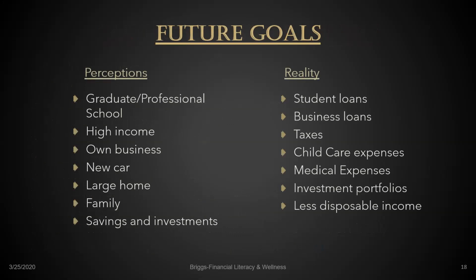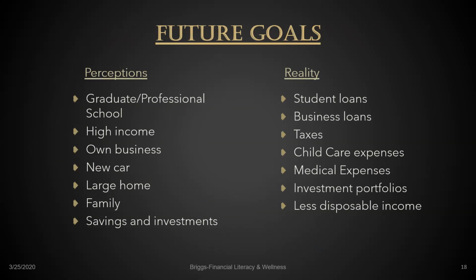Considering future goals. The perception is that you're going to finish your undergrad, maybe go on to graduate or professional school, get a high-paying job or start a business, get a brand new shiny car, buy a large home, start a family, and you're investing in your savings and financial investment accounts. Then reality sets in. Student loans are due, so you've got student loan payments.